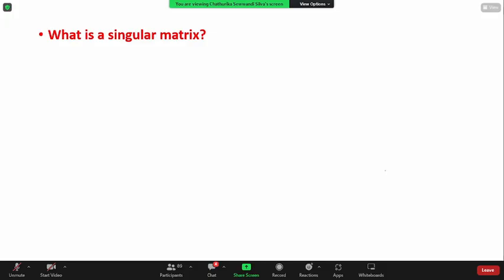What is a singular matrix? What do you mean by a singular matrix? The term singular is connected with the determinant.